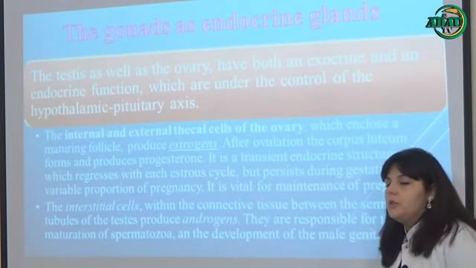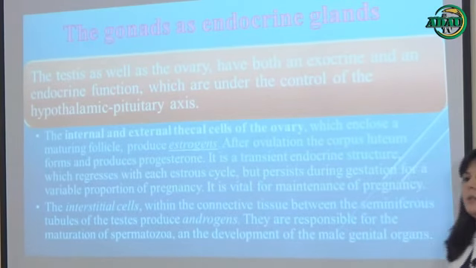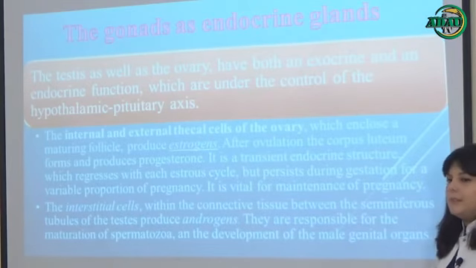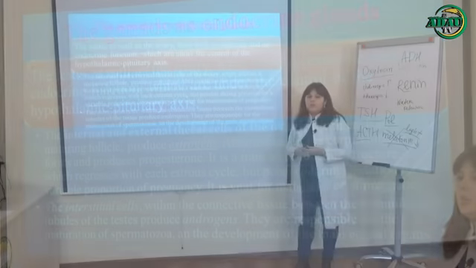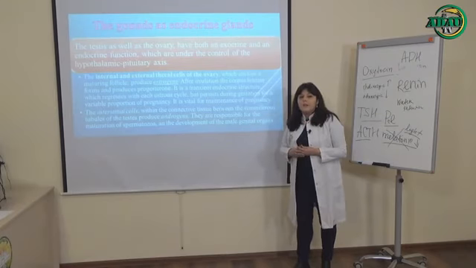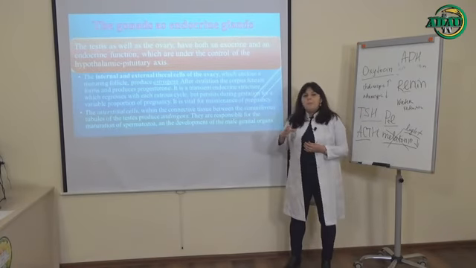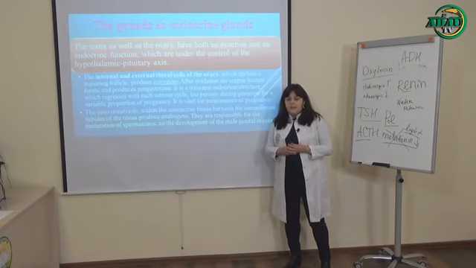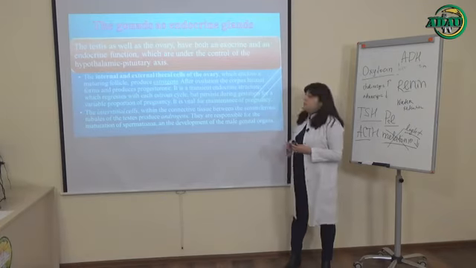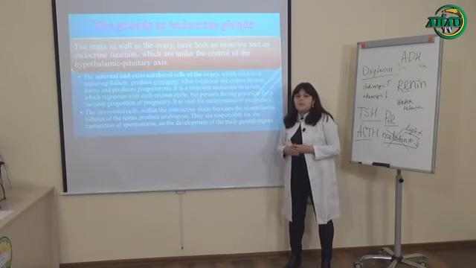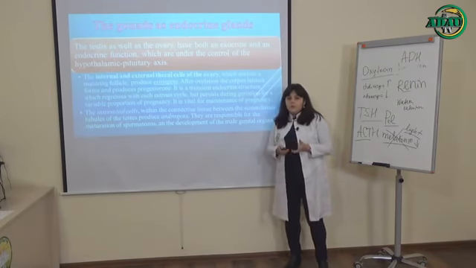Corpus luteum is created after the ovulation, and the corpus luteum produces progesterone. The main function of progesterone is to maintain the pregnancy in animals, so it's very important. So estrogen, progesterone, and androgens are the main hormones of these gonads.